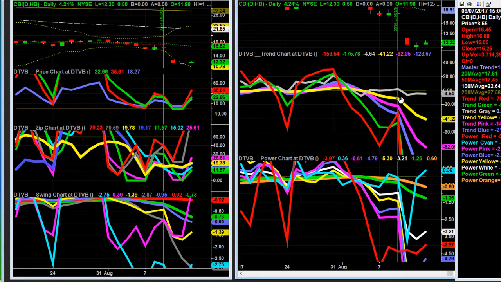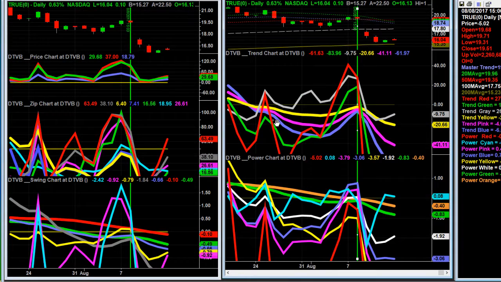The trio, yellow, pink, blue, is under 0, and the red and green is under 0, leading all of that information creates a potential downtrend environment or next day down movement. And in this case here, it's created a gap down.